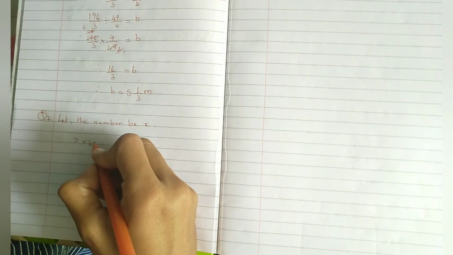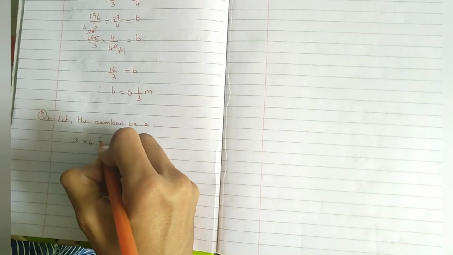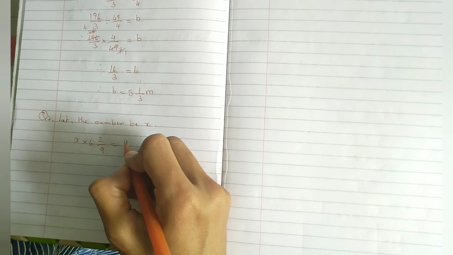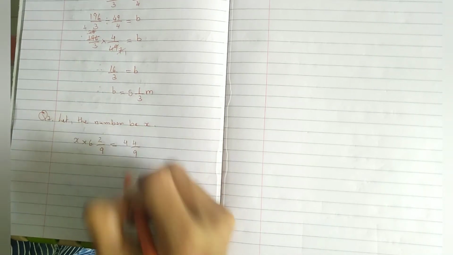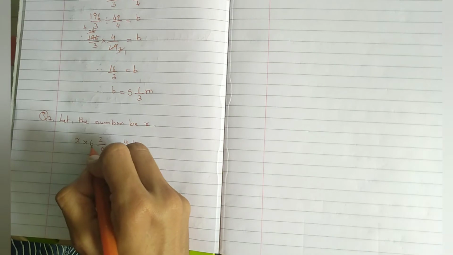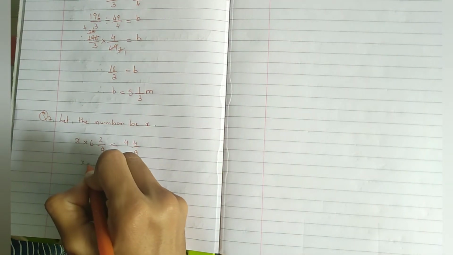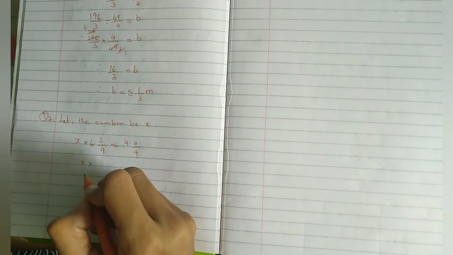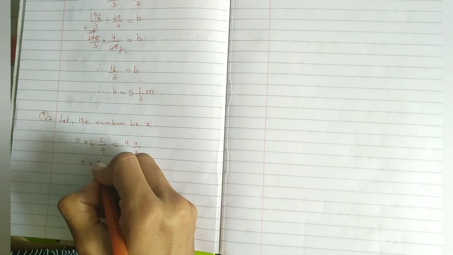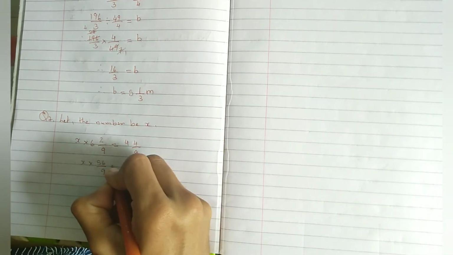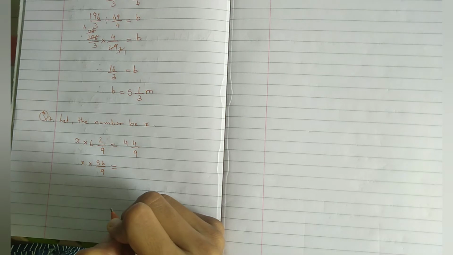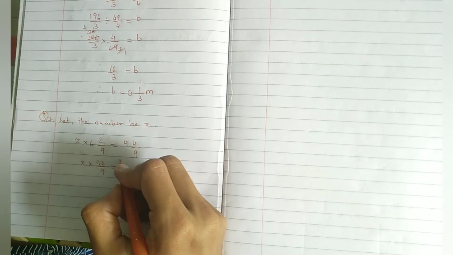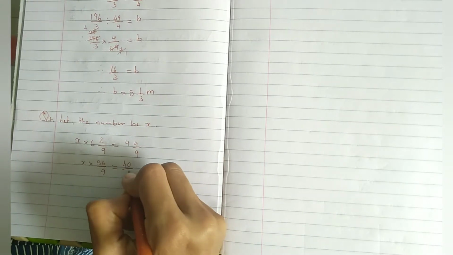The x into 6 2 upon 9 equal to 4 4 upon 9. Okay, now convert this mixed fraction into improper. So x multiply by 6 9s are 54, 54 plus 2 is 56 upon 9. So equal to 9 4s are 36, 36 plus 4 is 40 upon 9.